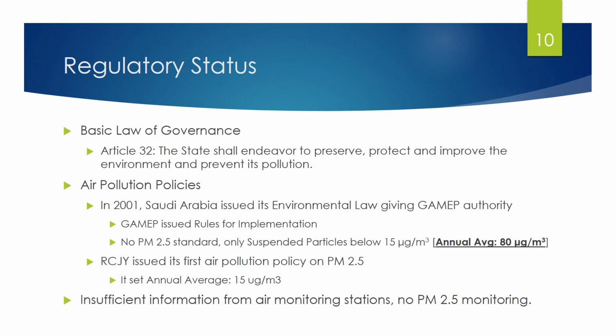One thing to note is that there hasn't been a sufficient amount of information from air monitoring stations, as PM2.5 is not monitored publicly in GAMEP resources or in the Royal Commission of Jubail and Yanbu resources. So this presents a gap in identifying information relevant to PM2.5 exposure in Saudi Arabia.